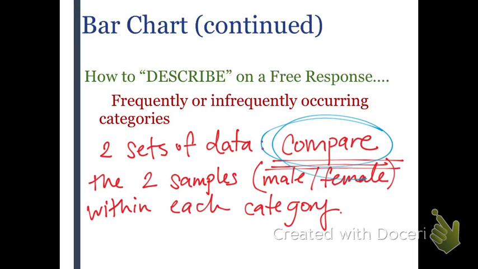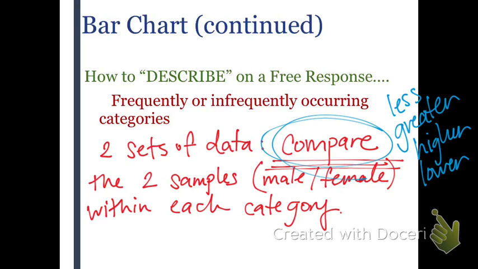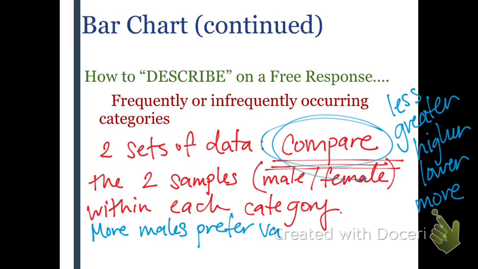So comparison words: less, greater, higher, lower, more, etc. They have to indicate a direction in which you're comparing the 2 categories. So you could say more males prefer vanilla than females. More. That's my comparison word.